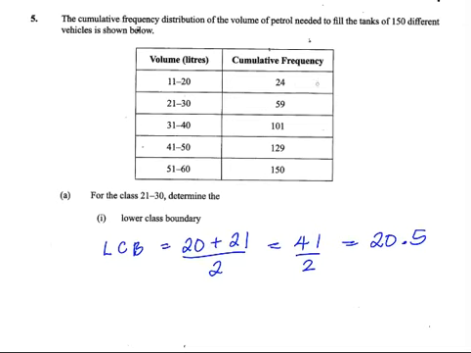For the first level, this is 24. Now, cumulative frequency means that you must add the frequencies going up. So you add the next frequency to 24 in order to get 59.